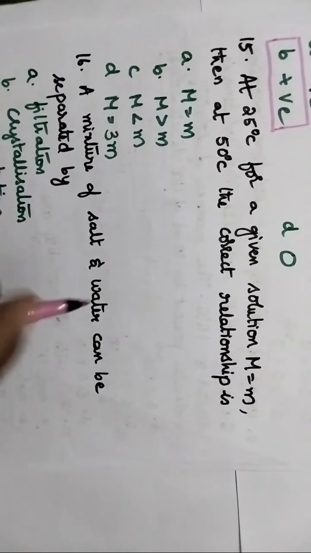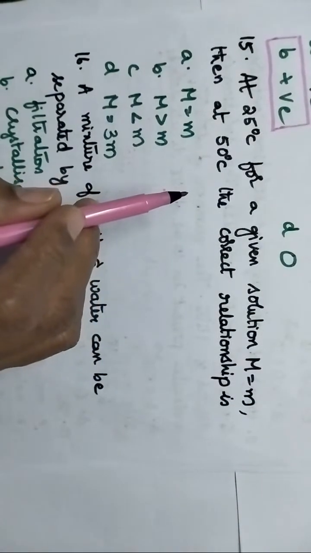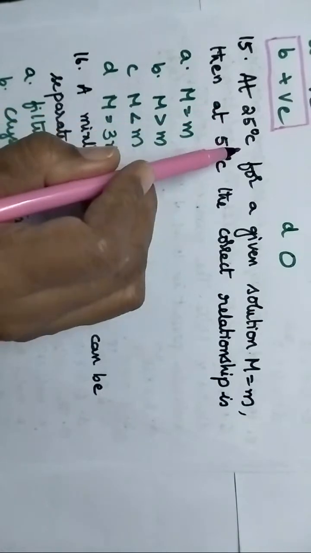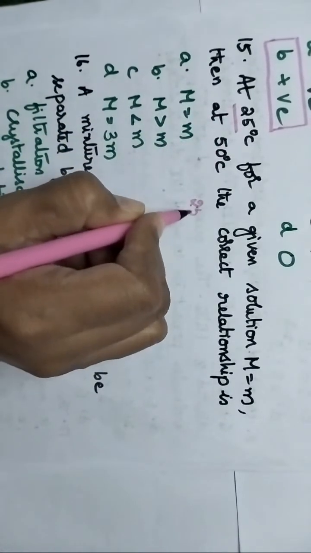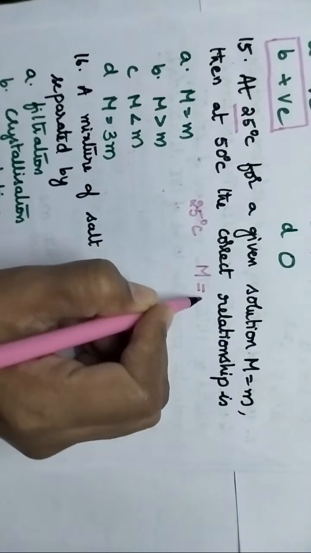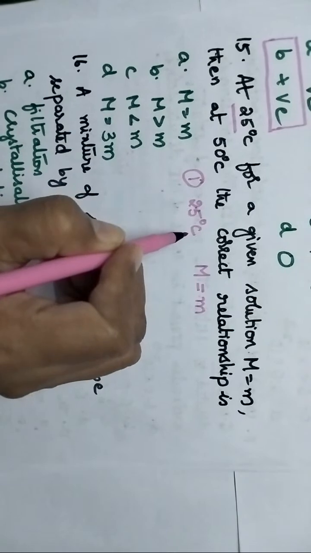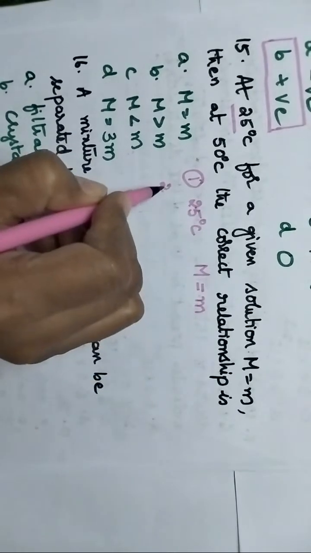You have to think logically, or you have to analyze the concept. It is too beautiful. 15th question is, at 25 degrees centigrade, molarity is equal to molality. So what is the first condition? At 25 degrees centigrade, molarity is equal to molality.